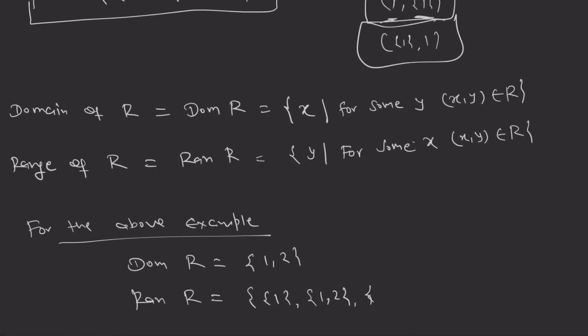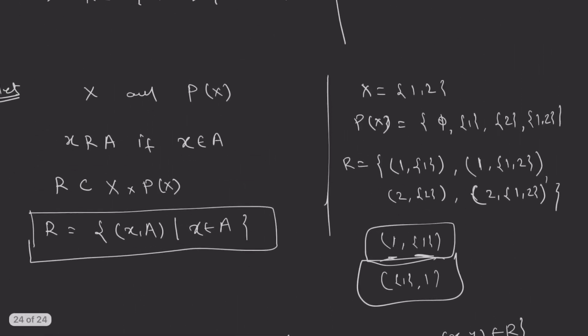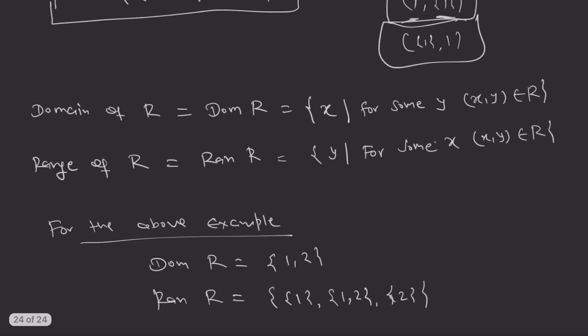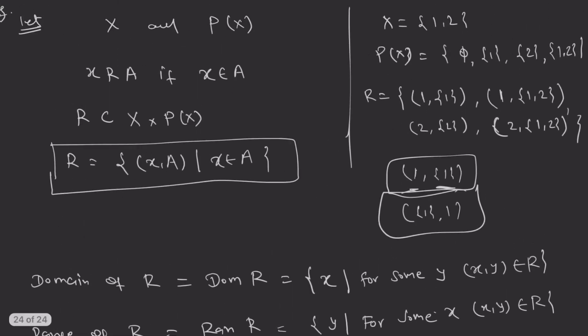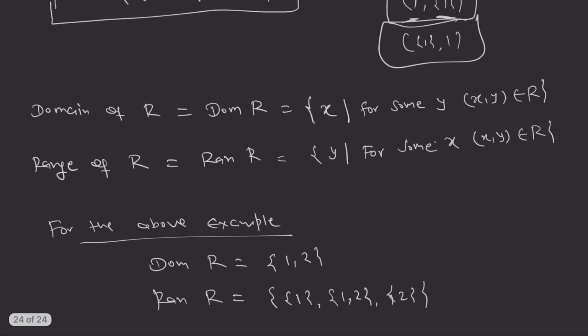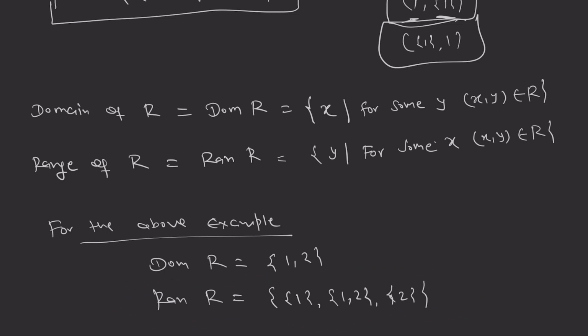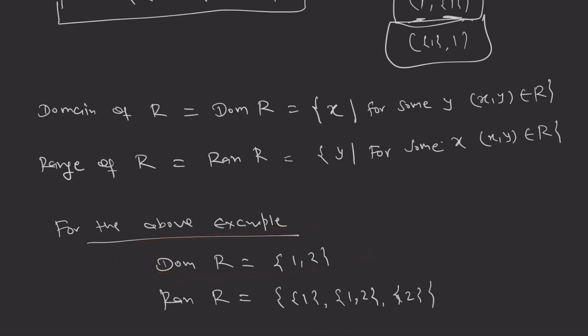But you can see that P(X) contains one more element, ∅, which doesn't belong to the range. Okay, so there is no guarantee that all the elements of the set P(X) should belong to the range, and for domain also.